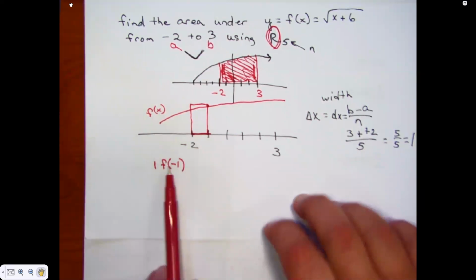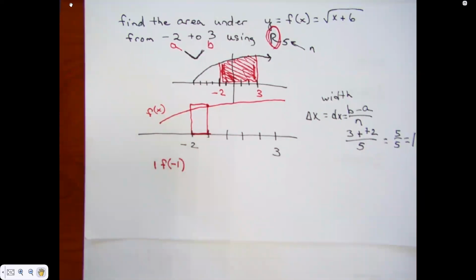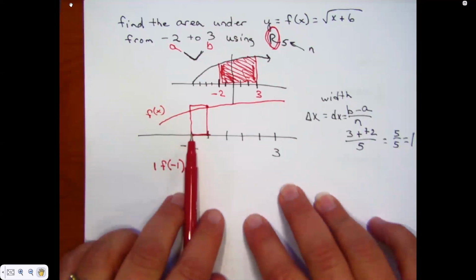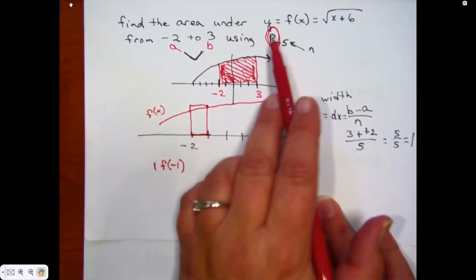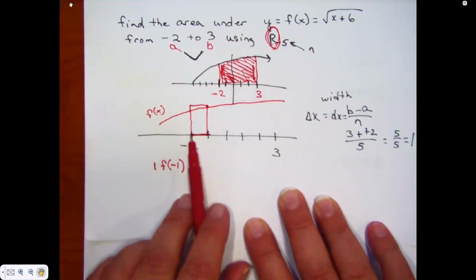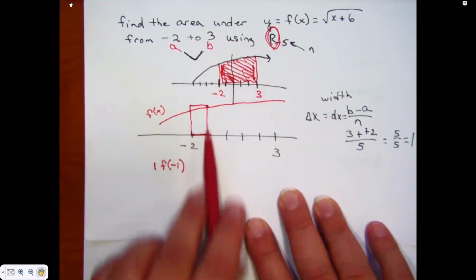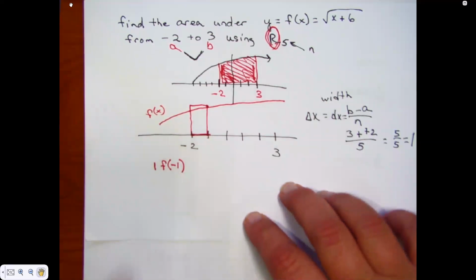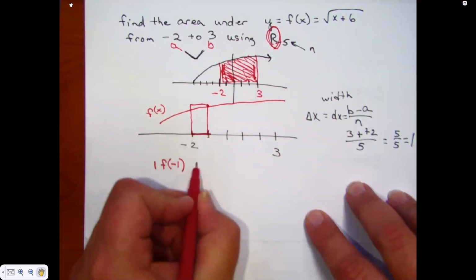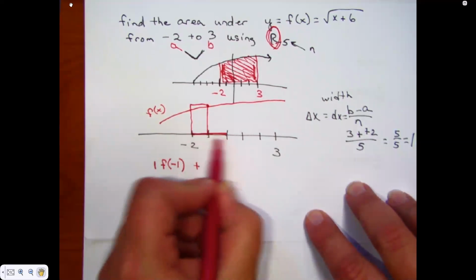How come I did not do f of -2? Boom, got it. Beautiful. Don't forget, I am starting at -2, but I'm taking it from the right side. So that means I go over and then I do the right side, -1. Beautiful. Okay, good. And then I'm just going to add to it the width of 1.